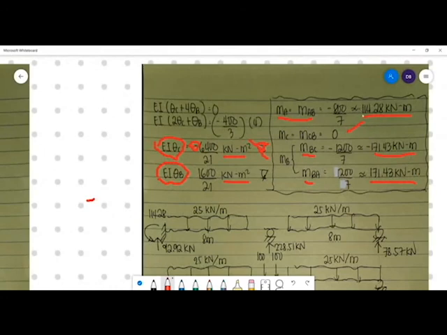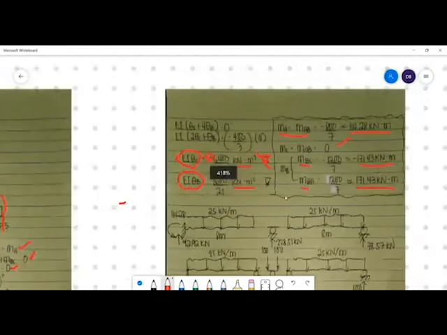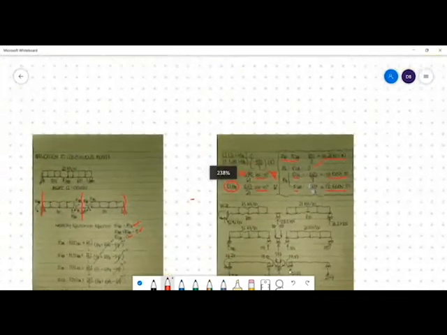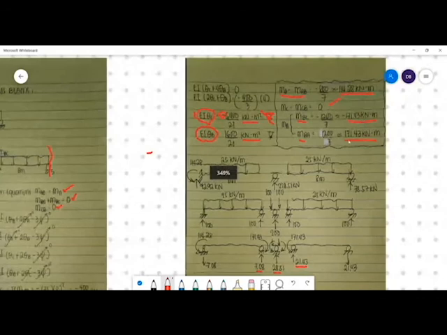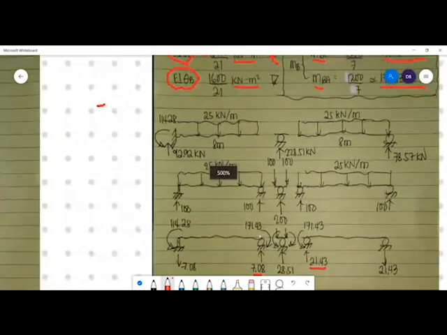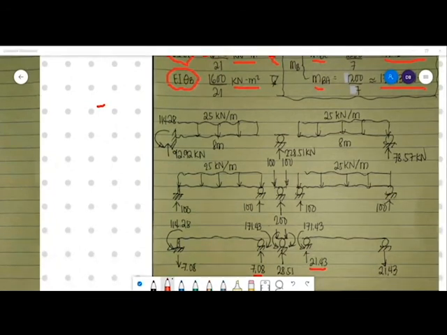Negative yung M sub AB natin, that is counterclockwise. No? So negative yung M sub BC natin, that is counterclockwise with respect to the member, no, with respect to the span. That is positive with respect to the span, so clockwise with respect to the span. No? So okay. I hope that will be clear to you, no?